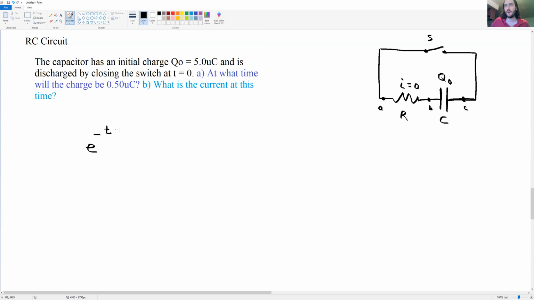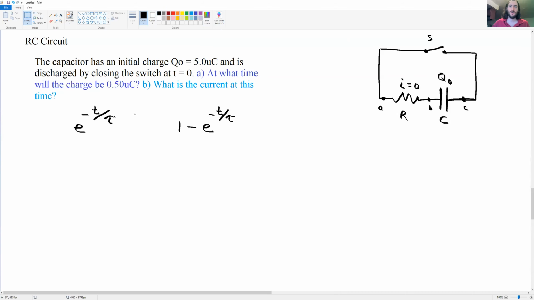E to the minus t over tau is one of them, and the other one is 1 minus e to the minus t over tau. If you have these two functions memorized, you can figure out all of the stuff in an RC circuit very quickly: all of the functions of time, the voltages, the current, the charge on the capacitor. And of course, if you know them as a function of time, you can figure them out at any point in time as well. So knowing these two functions helps big time when doing these problems.